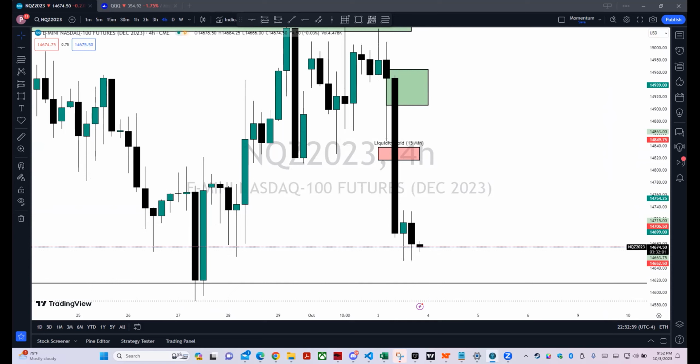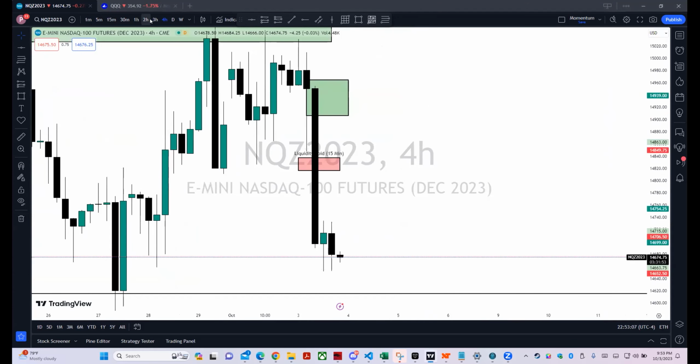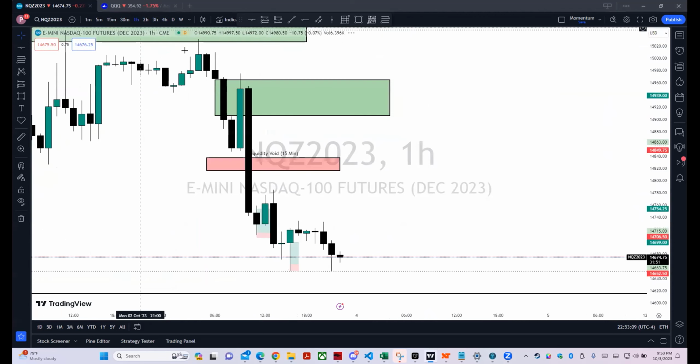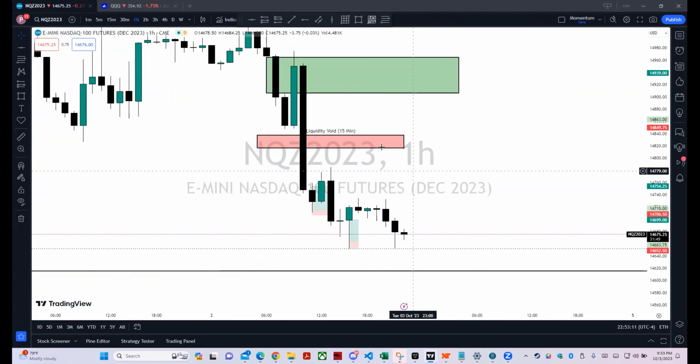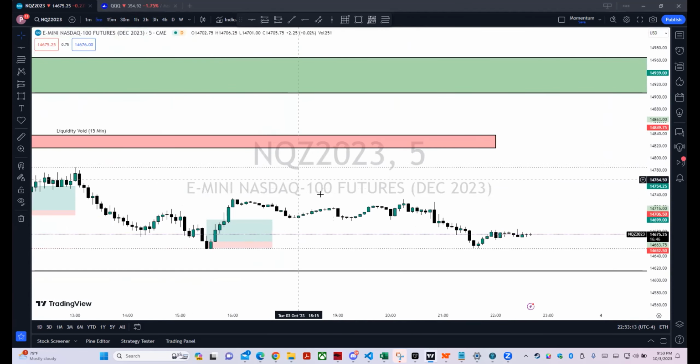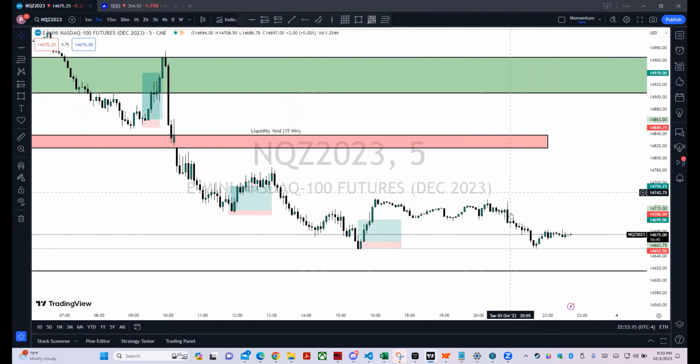So it looks like we are ready to head to the upside and grab, well, not on a 4 hour chart, but on a 5 minute chart, absolutely, this near term buy side liquidity.